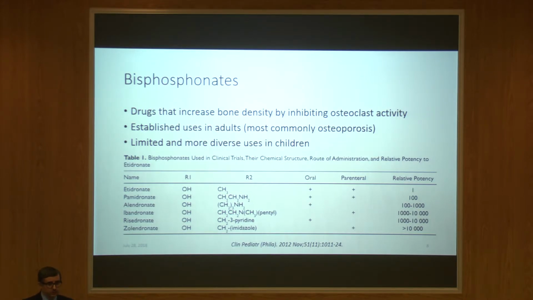Some of them are very potent, so the most potent is zoledronic acid or Zometa, which has the strongest effect on osteoclast inhibition. It's interesting, in pediatric patients, you will see that the most experience is with a bisphosphonate called pamidronate. But when we talk about vascular anomalies, most of the case reports and publications have been on using Zometa or zoledronic acid.